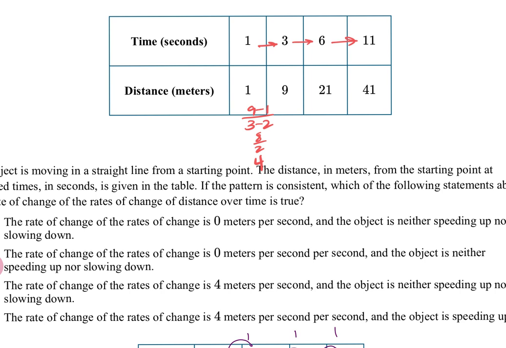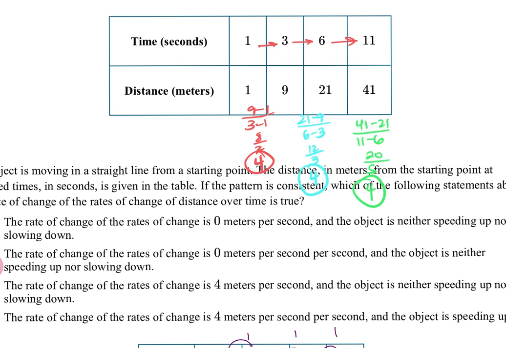Then I did it from the next one, 21 minus 9 over 6 minus 3, which was 12 over 3, which was 4. And then 41 minus 21 over 11 minus 6, which is 20 over 5, which is 4. So the first level of change was the same, which means this is linear, okay?